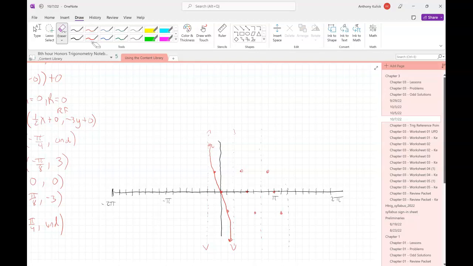Oops, I got a little off. Is everybody okay with this? Does it look exactly like what we did before? It should, right?